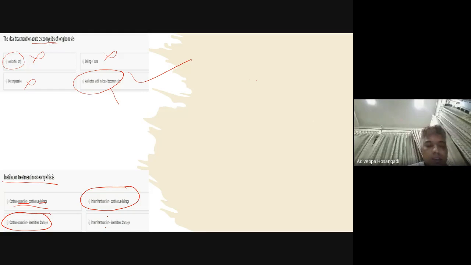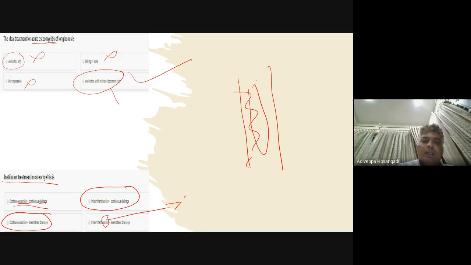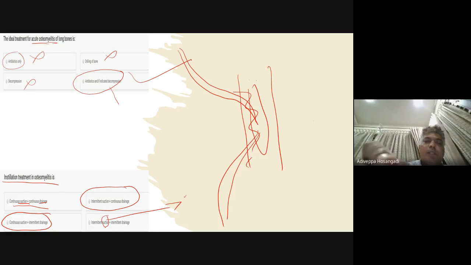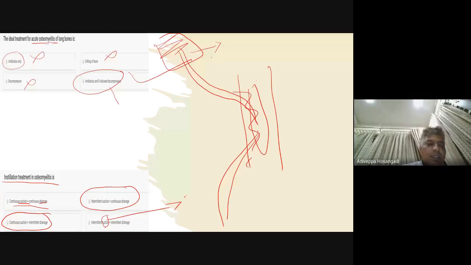It is not suction, there is a typo. Continuous instillation, or it is like this. I will draw a picture for you. In osteomyelitis, after having treated, you put one end of an IV drip set and connect this to a bottle of antiseptic, most commonly iodine solution. So you continuously irrigate.